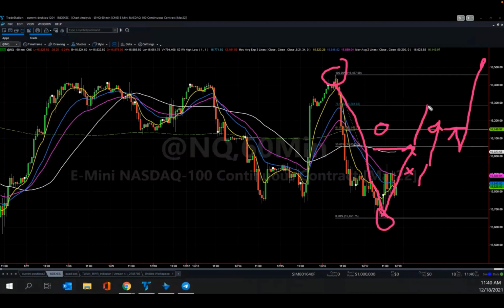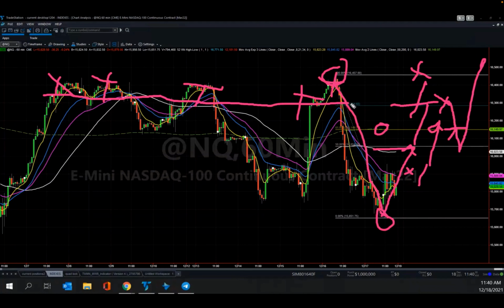And if it does, it'll hit this. Test, either hold, pull back to the 618 and go higher, or it just might keep going. If it keeps going, you can guarantee it's going to retest this level again. Look how many times it has. Trust me, when I say there's resistance overhead, that's what I'm talking about.